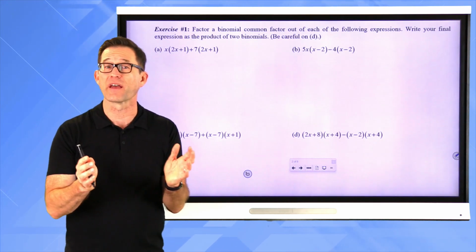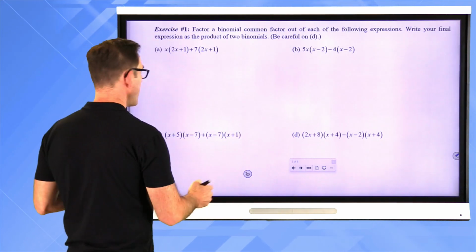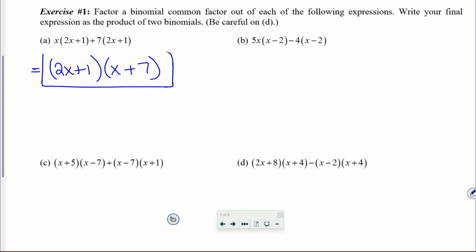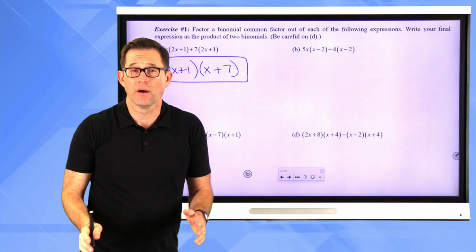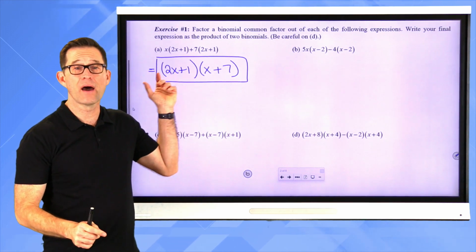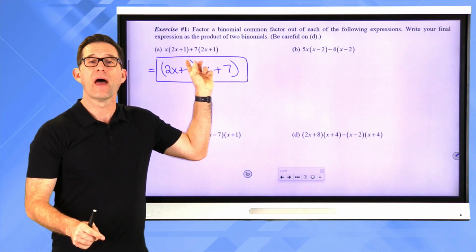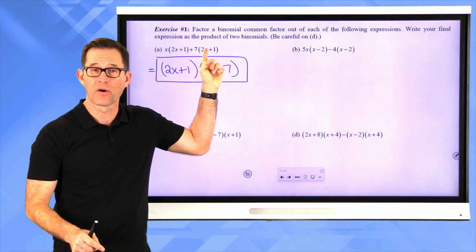So I can rewrite letter A as 2x plus 1 times x plus 7. Because if I wanted to multiply it back out, I could do 2x times x plus 2x times 7, and I'd be back to here.